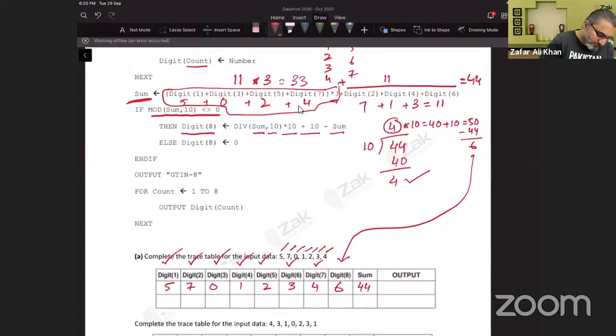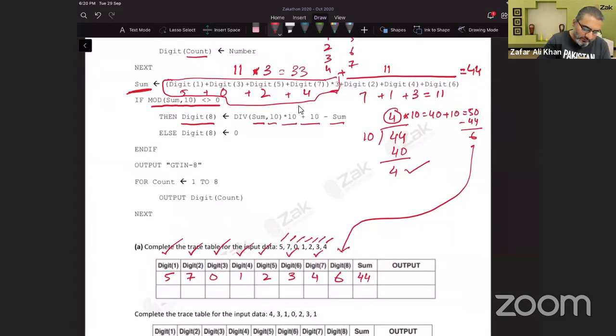If mod of sum 10 is not equal to 0, mod was what? 4. Then we get inside it. We first find the div of it, which is 4, then multiply 4 by 10. That is 40 plus 10 becomes 50, then minus sum, that was 44.